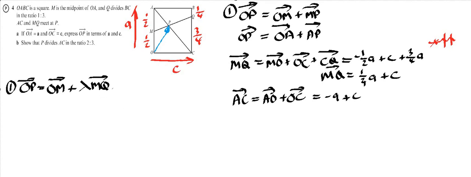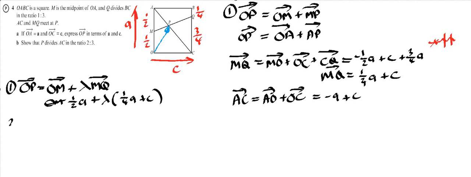I know what MQ is because we worked that out. So it's equal to OM, which is a half of A, plus lambda times MQ, which we said was 1/4 A plus C.